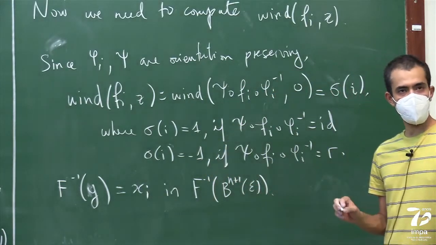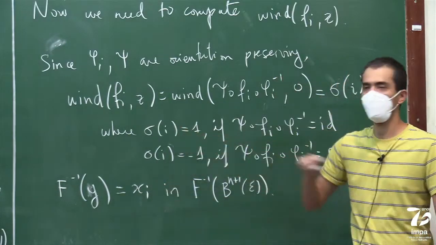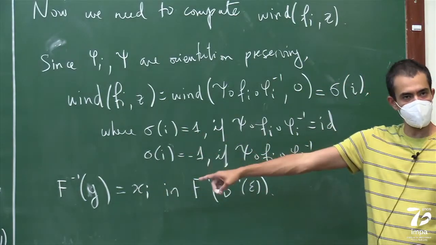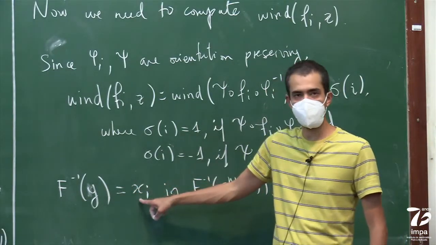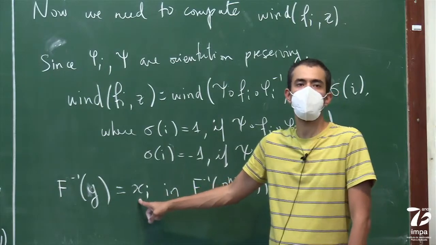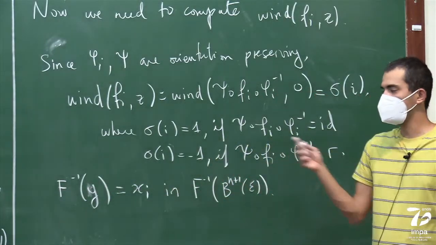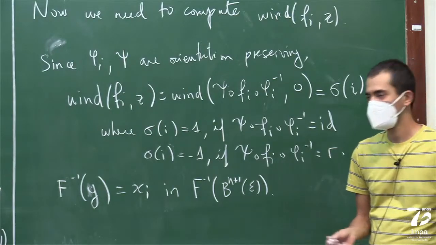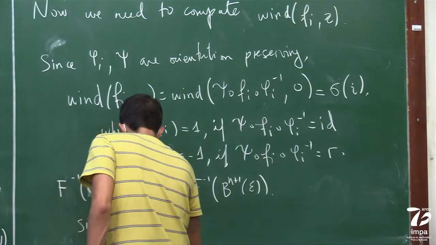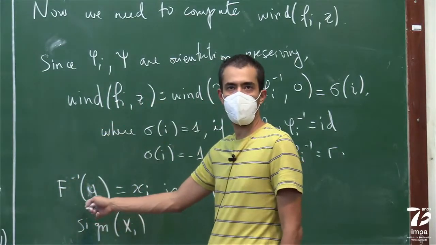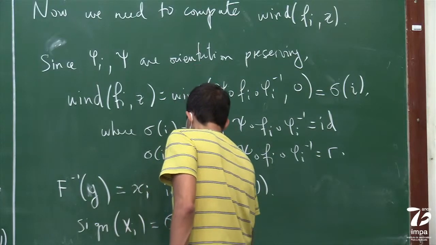But what we have to observe is that the sign of this xi is exactly this sigma i. So if f is orientation preserving, then the sign of this xi is going to be plus 1. And if f is orientation reversing, then the sign of xi is going to be minus 1. So basically the sign of xi, as a point in the preimage of y, is going to be equal to this sigma i.